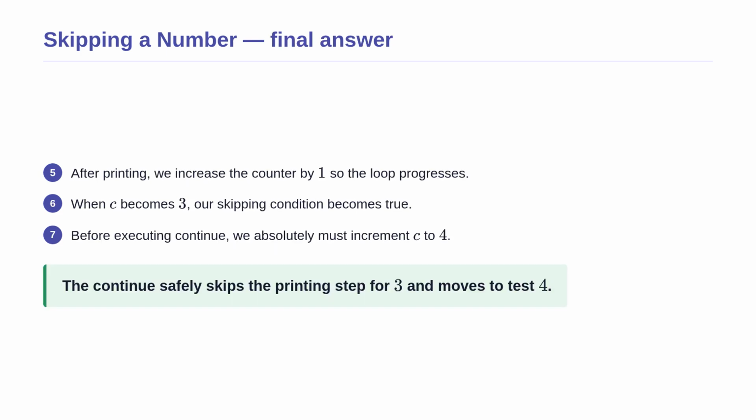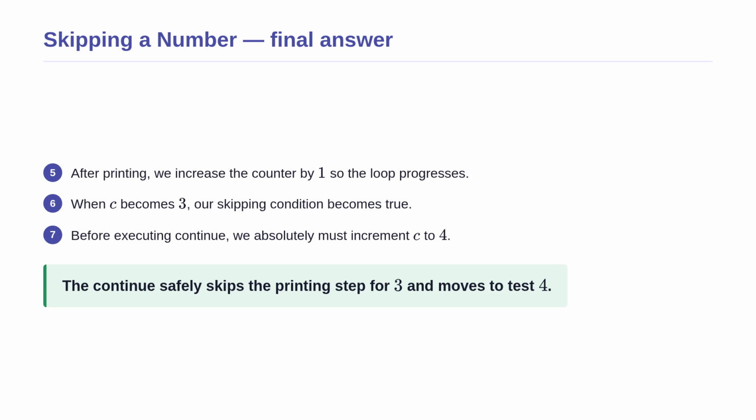Continuing with our skipping example, we reach the critical moment. After printing 1 and 2, we always increase the counter by 1. When c becomes 3, our skipping condition finally becomes true. Now, why must we be extremely careful here? Before we execute the continue statement, we absolutely must increment c to 4.